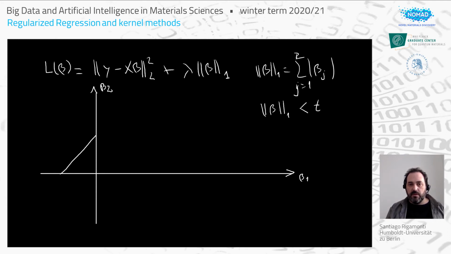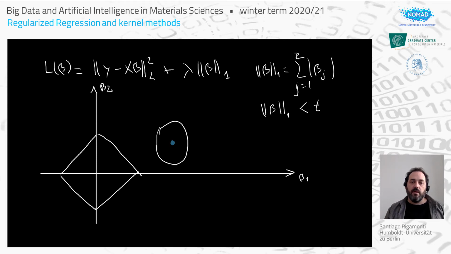If you actually plot this constraint, you will get something like this. And now the solution of this unconstrained problem would be something like there. Then we will have the iso values of the residual sum of squares, and there will be one case in which we touch the constraint, here.